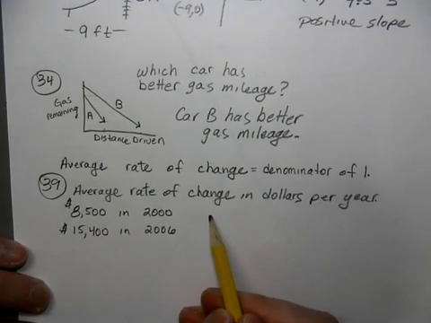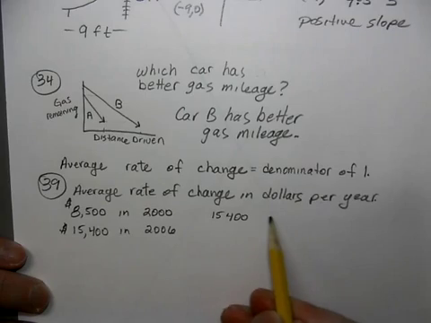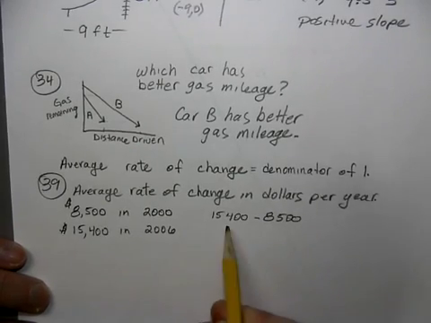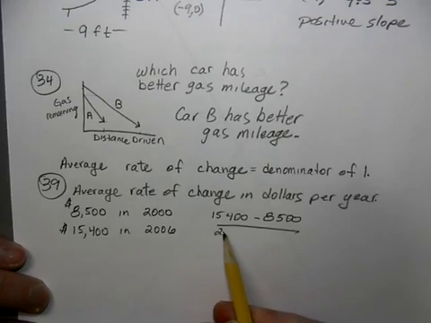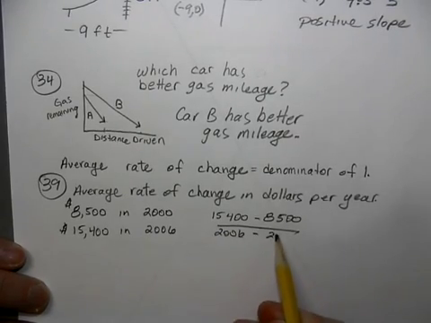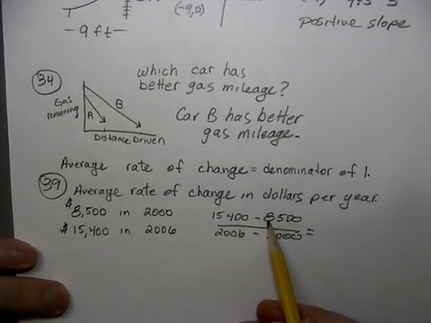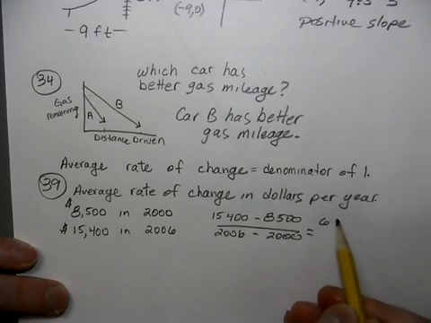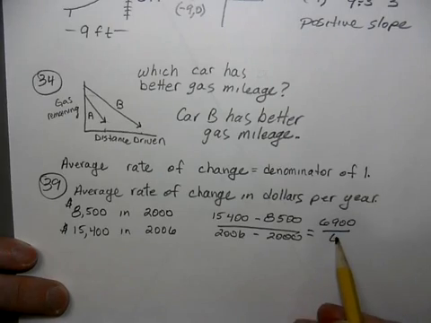So we're going to say 15,400 minus 8,500 over the years, 2006 minus 2000. So that's almost 7,000. So 6,900 over 6 years.